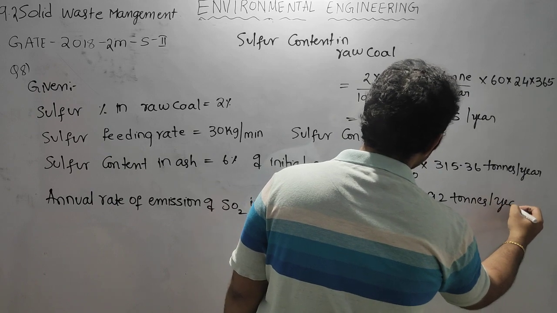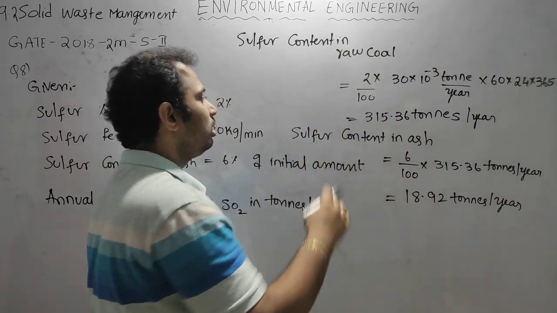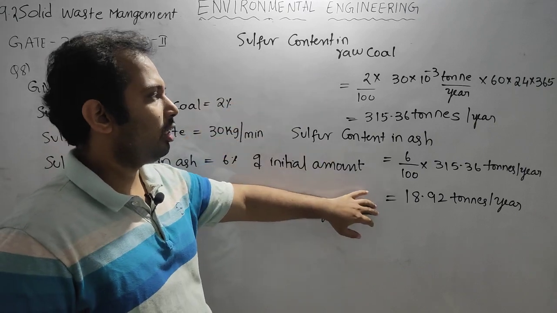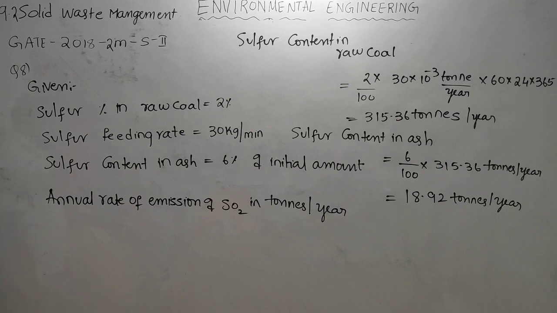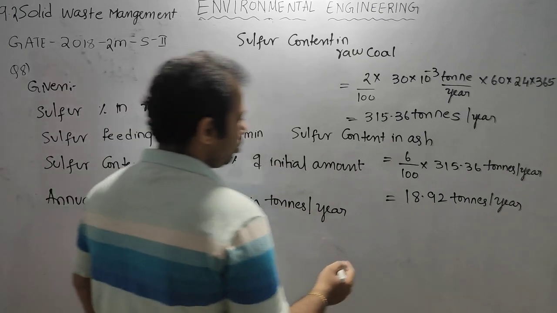So this is the sulfur in the raw coal and this is the sulfur present in the ash. The rest of the sulfur has become sulfur dioxide. Whatever sulfur difference you get has become sulfur dioxide. That means 315.36 minus 18.92, that is 296.4 tons. So this much has evaporated and gone out.